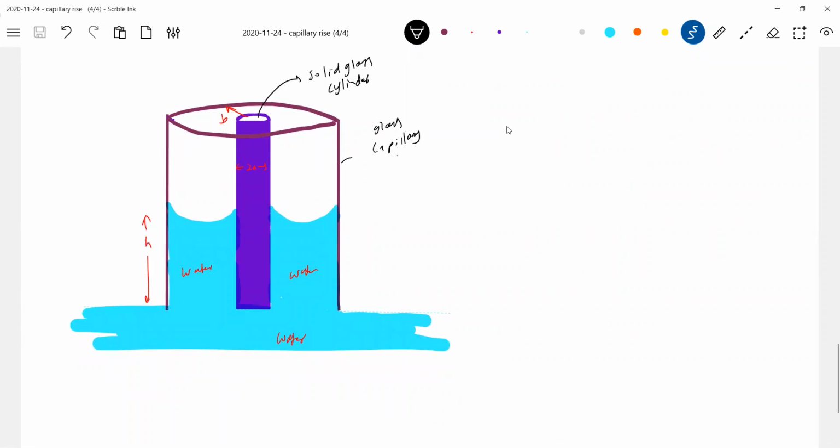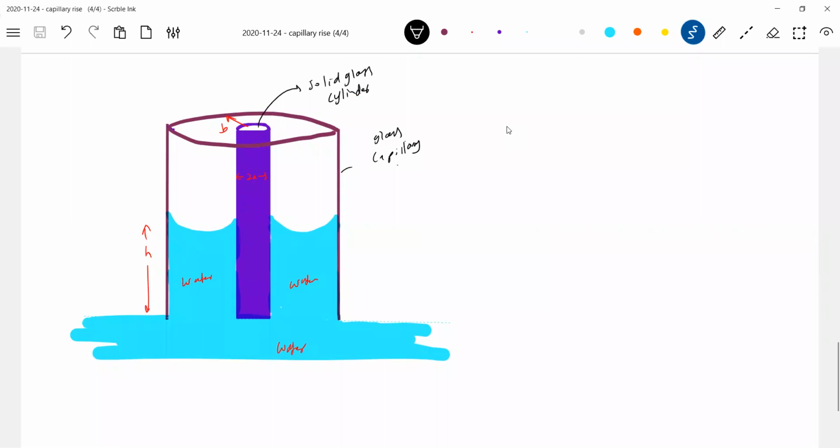The force due to surface tension will balance the weight of the liquid column here. The force due to surface tension on the liquid is equal to the weight of the liquid between these.